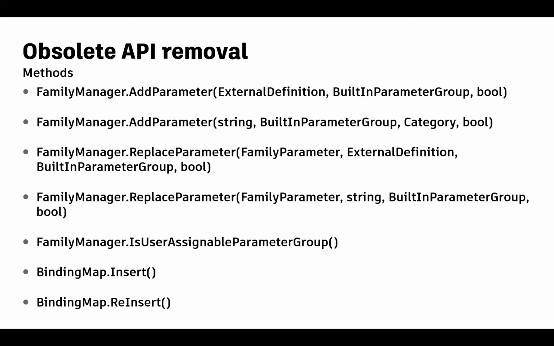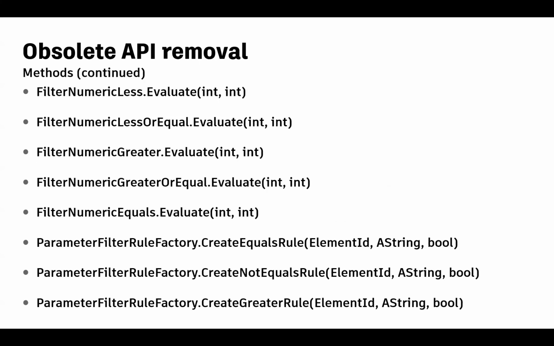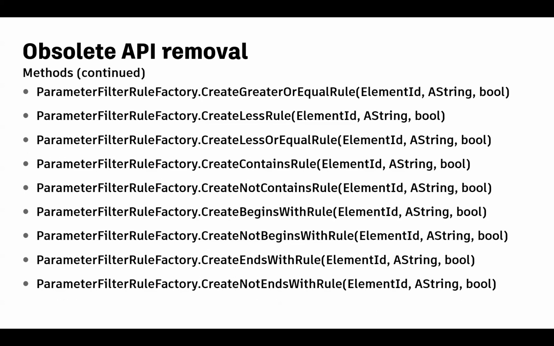Some methods in family manager, in binding map, in numeric filters like filter numeric less, filter numeric greater, and filter numeric equals. And also some obsoleted members of parameter filter rule factory. Again, all of them are listed here.